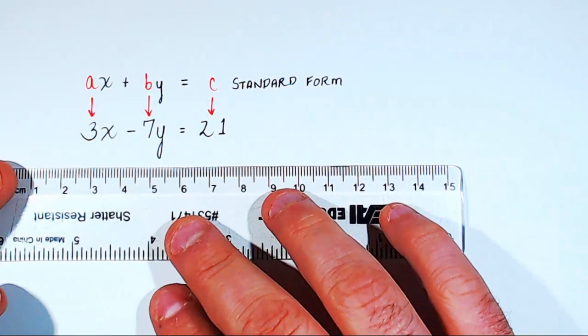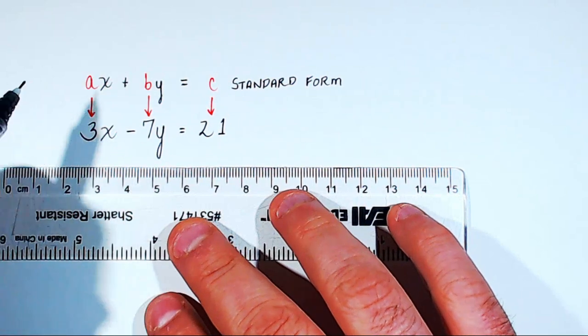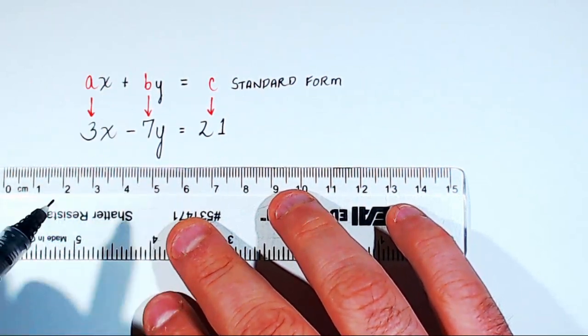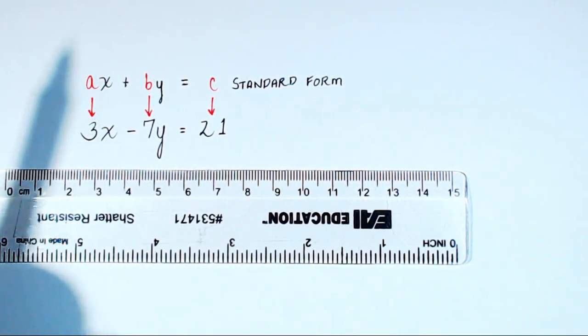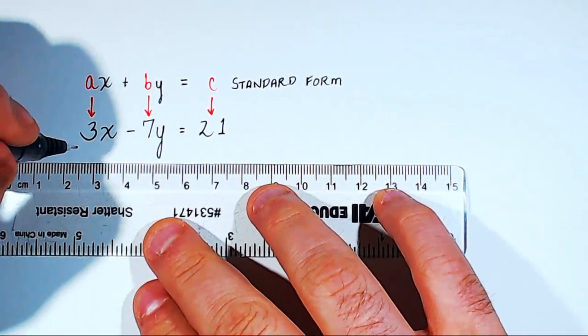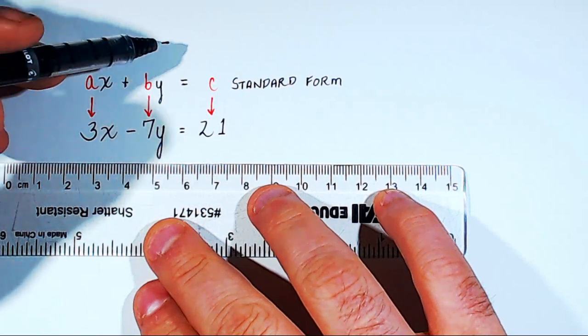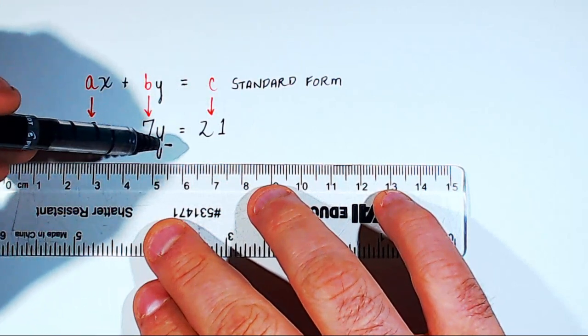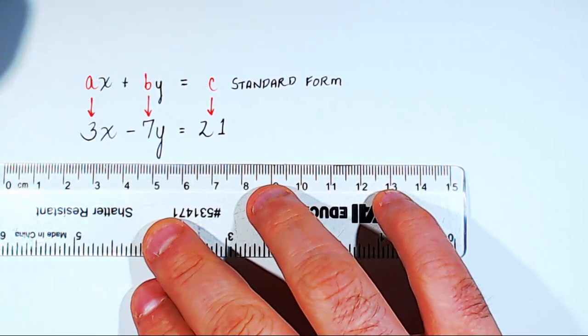There are a couple of shortcuts to find the x and y intercepts, and I will show those. But first, let me show you the mechanics of rearranging this standard form equation into slope-intercept form.